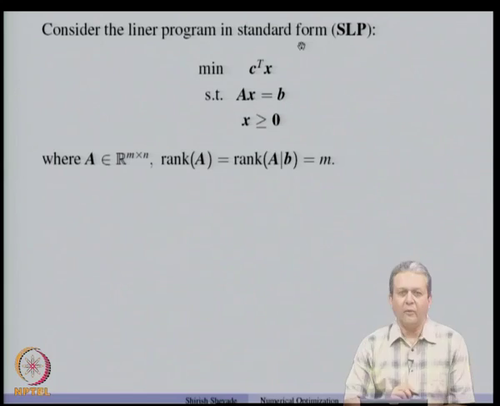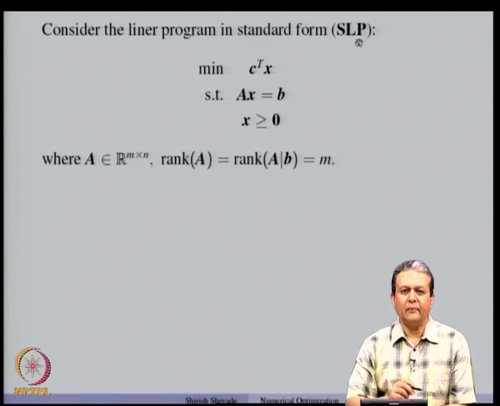So, that the theory that we discuss about the solution of linear programs in standard form holds or can be used efficiently. So, now let us consider the linear programming standard form.